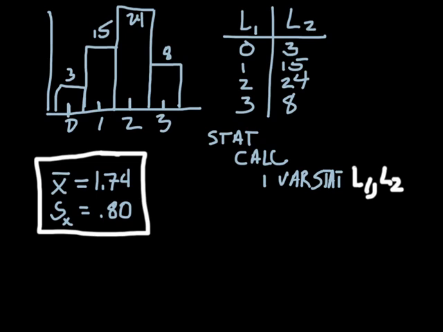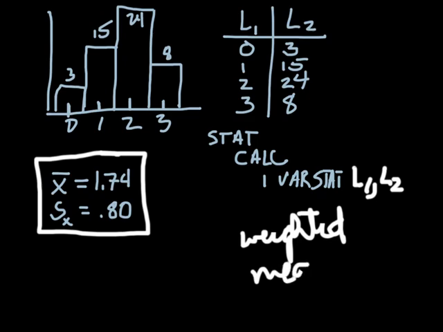All it's doing is finding a weighted mean and a weighted standard deviation. And the reason we need to be able to do that is most data comes in these sort of list forms or histogram forms, and so we want to be able to deal with them. And that's basically the last kind of problem that you'll have to do.